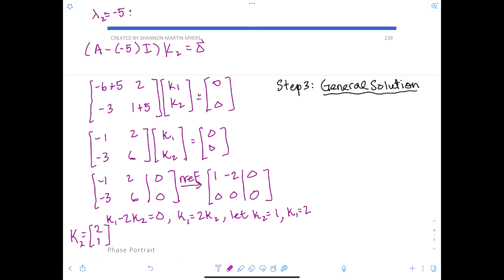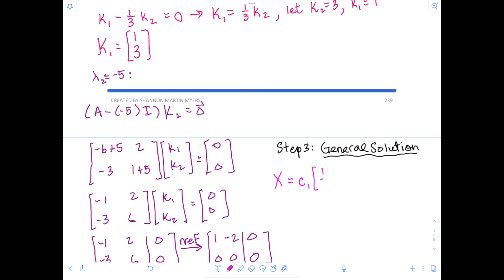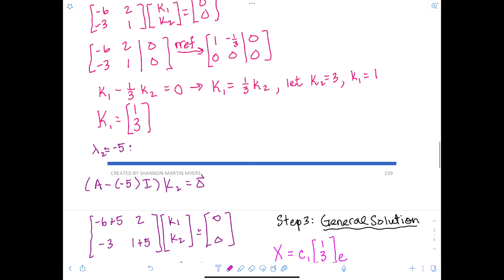So we're going to have X is equal to C1 times K1, which was, where was our K1? 1, 3, times E, that corresponded to the eigenvalue of 0.